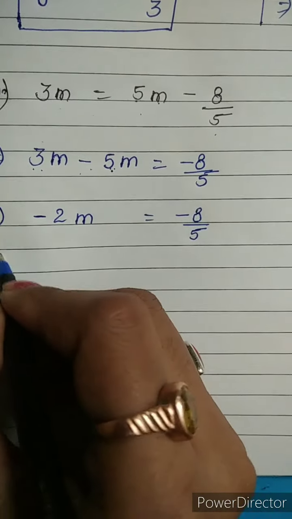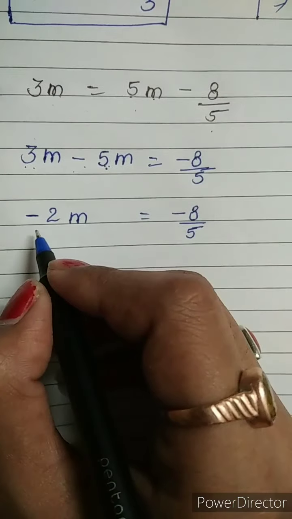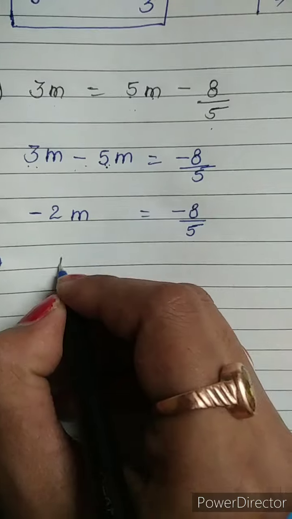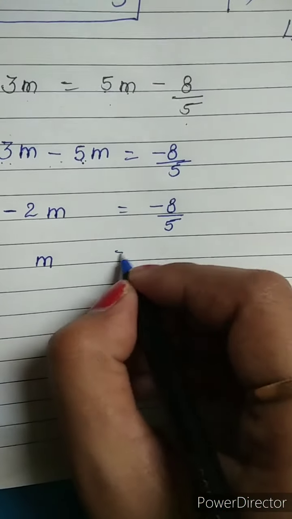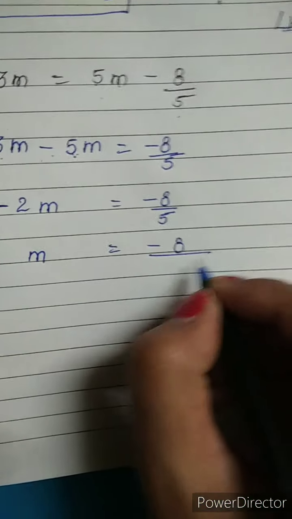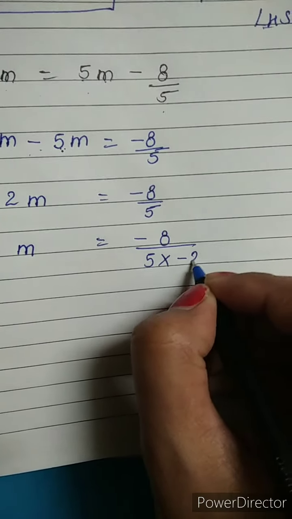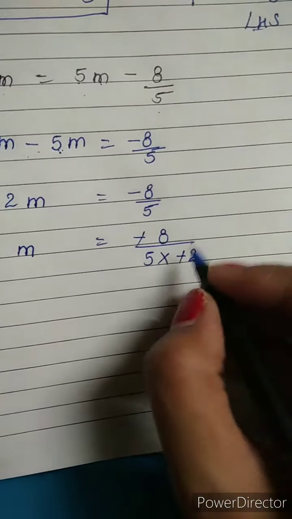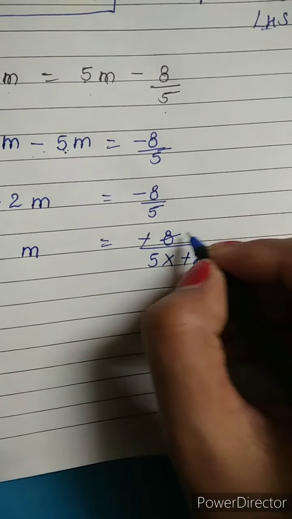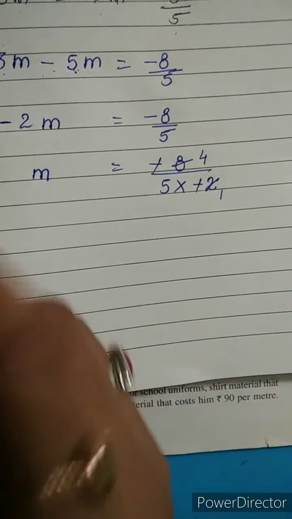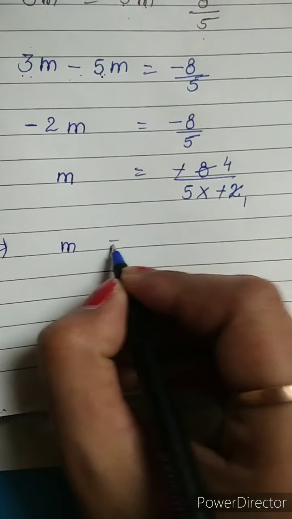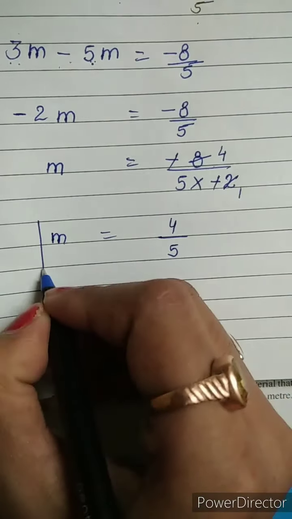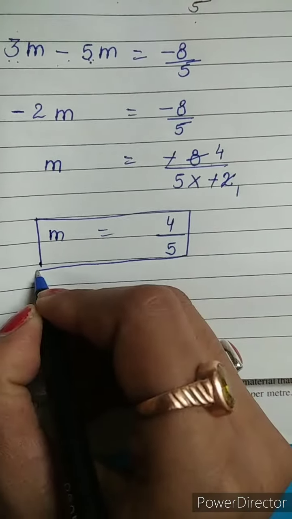Now minus 2 is in multiplication, so on the opposite side it will go to division, so m alone will remain here, minus 8, and 5 will multiply by minus 2. Minus and minus cancel, from the table of 2, 8 will go 4 times, so m is equal to 4, and 5 will remain here, so the m value is 4 by 5.